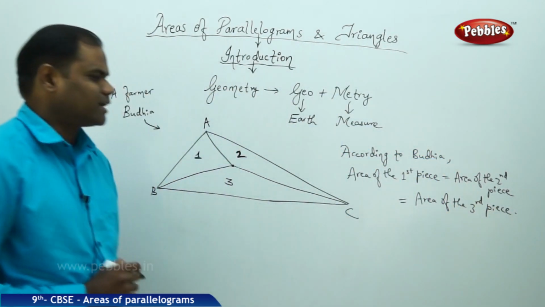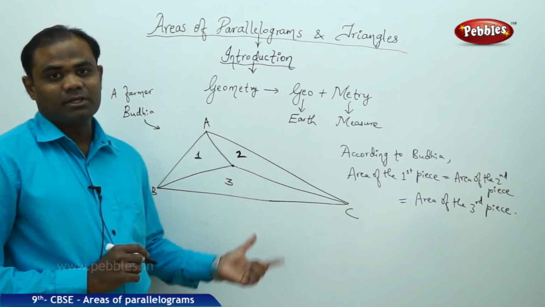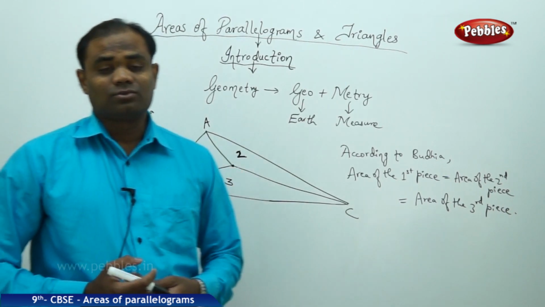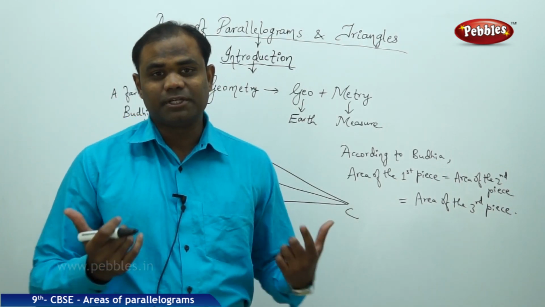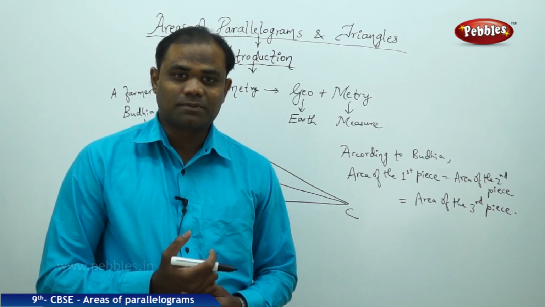This is how we understand each of the areas being equal. Thus, the two sons and the daughter would happily share the land without any disputes.